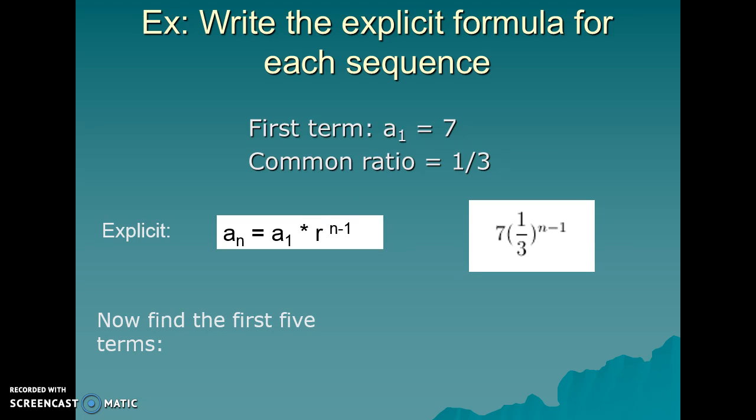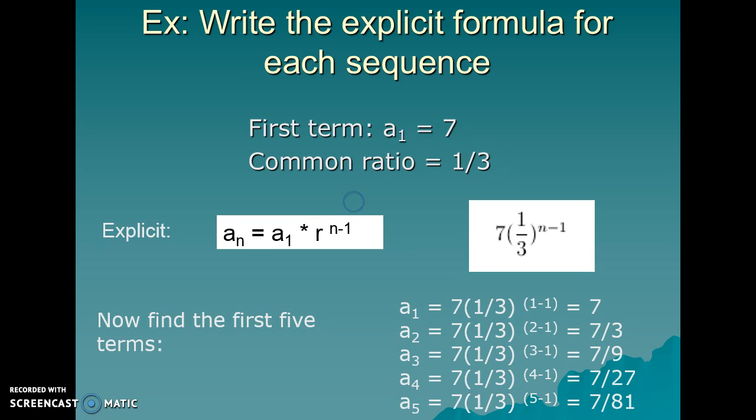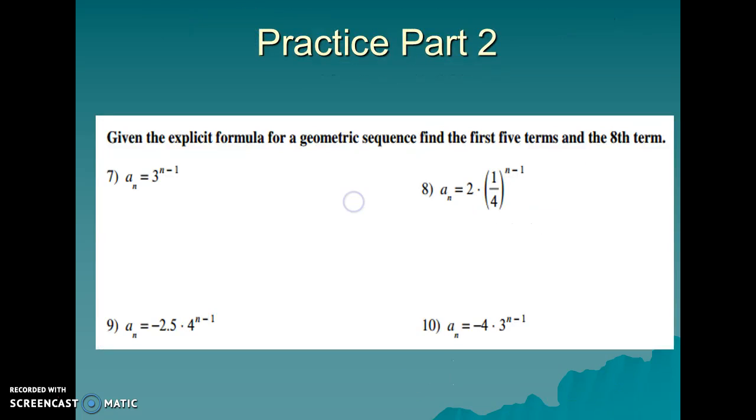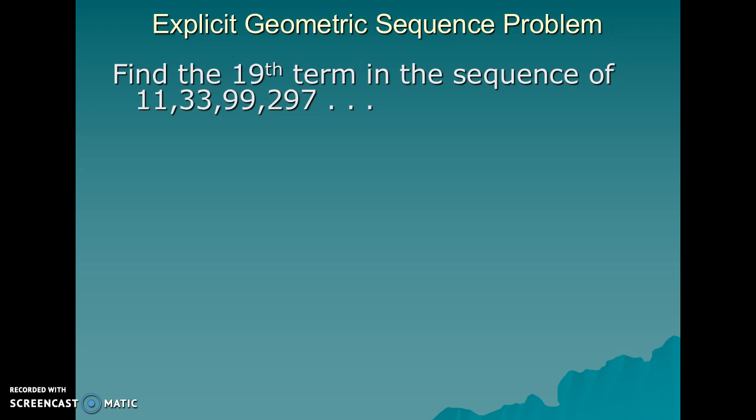If they ask you to find the first 5 terms, all you have to do is substitute, and that is your answer. Okay, try some on your own. Use your calculator.